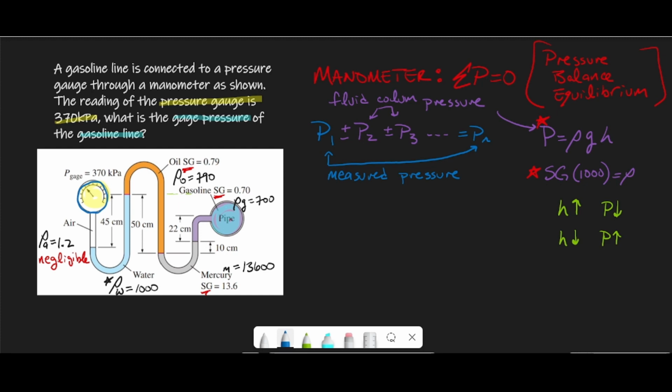Plug in 370K for our left pressure gauge. I put 370 now, but I'll add the K later. This equation runs on standard pascals, but most fluids exert kilopascals, so you will need to write them as thousands.